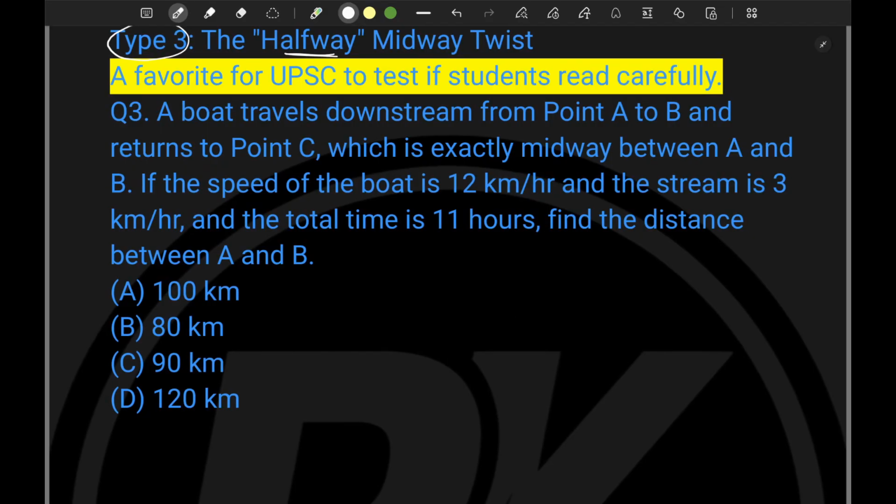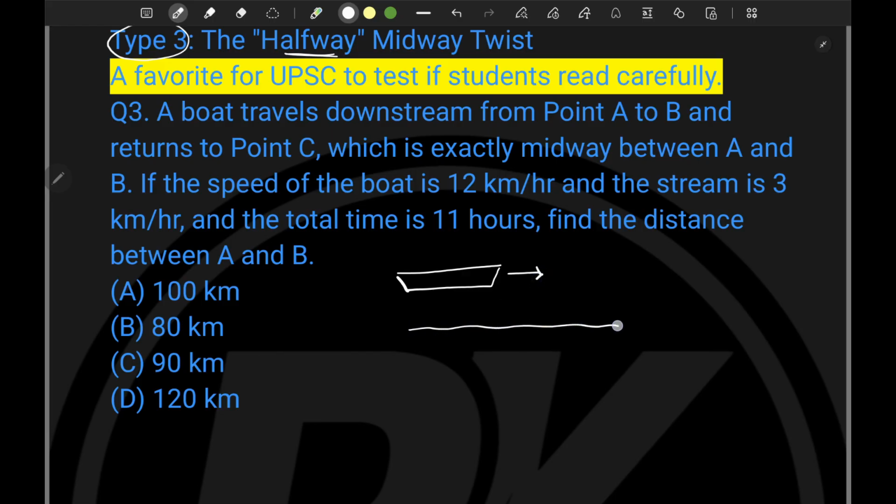We just need to understand the logic in the problem. Okay, let's try to read out the problem. A boat travels downstream from point A to B. So they have given a boat which is traveling downstream.